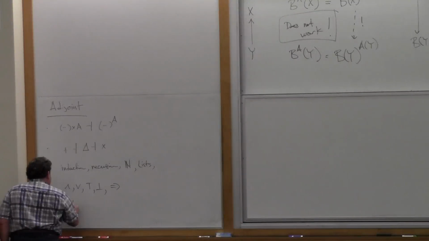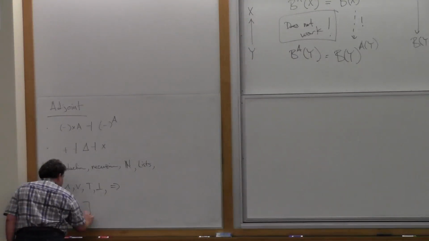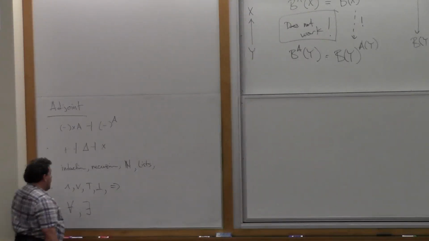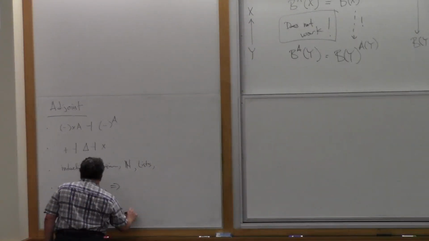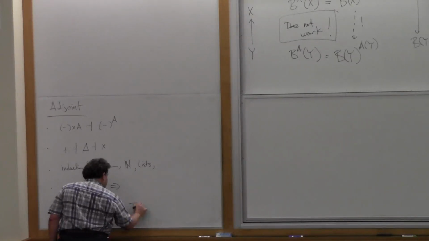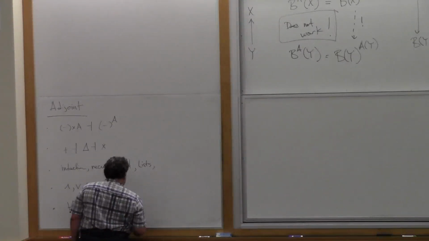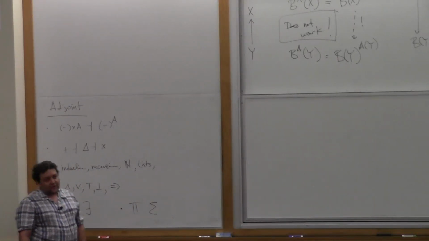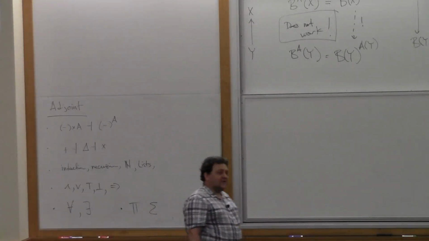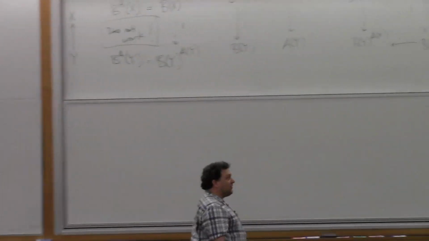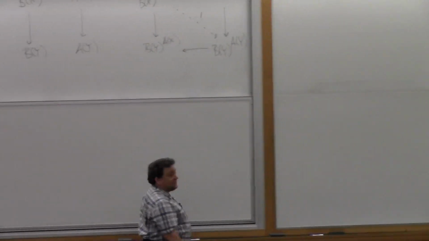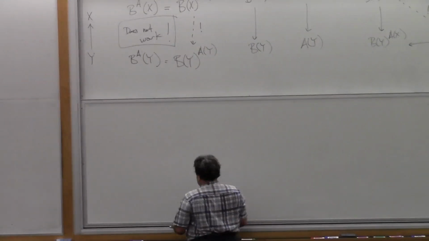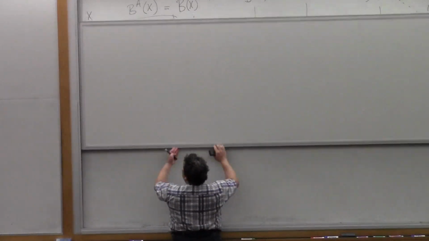Also, the quantifiers. I think it's quite remarkable and beautiful that the quantifiers are examples of adjoints. And even in dependent type theory, the type theoretic operations on dependent types, sigma and pi, are also examples of adjoint functors. So if I can show you that all those things are adjoints, then maybe you'll believe me, or at least you'll understand my rhetorical flourish of claiming that adjoints are a concept of fundamental logical and mathematical importance.